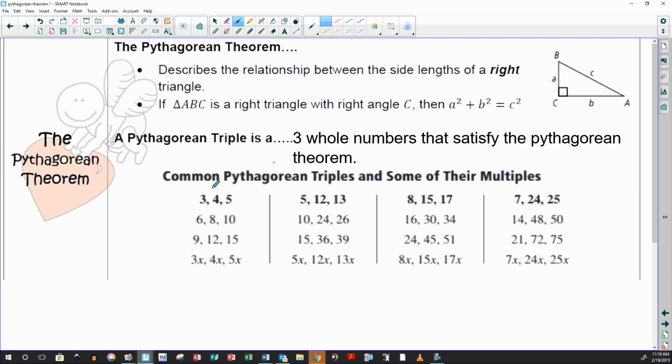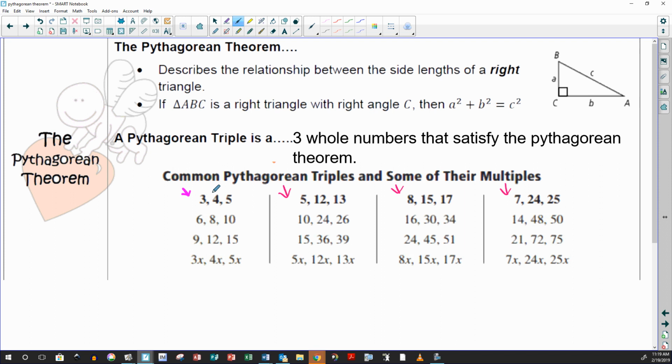So here is a list of some common triples. I will tell you the ones in bold. Make a mental note to remember those. Those are the most common ones. These are multiples. If I multiply 3, 4, and 5 all by 2, I get 6, 8, and 10, which is another triple.